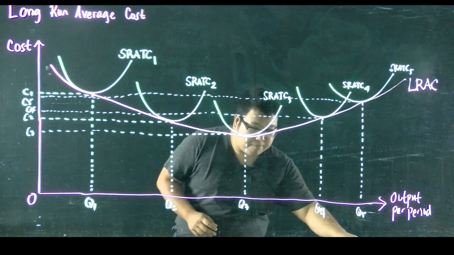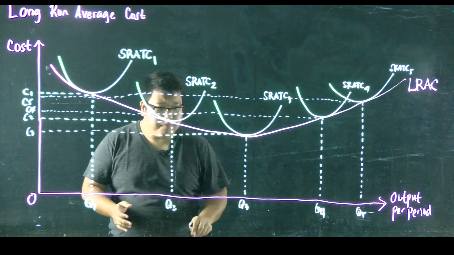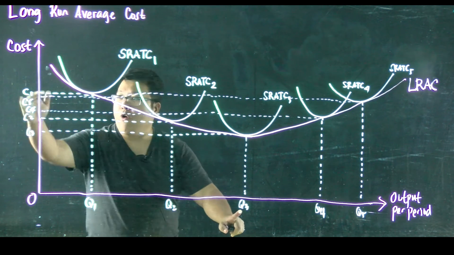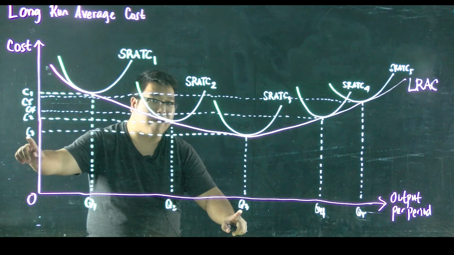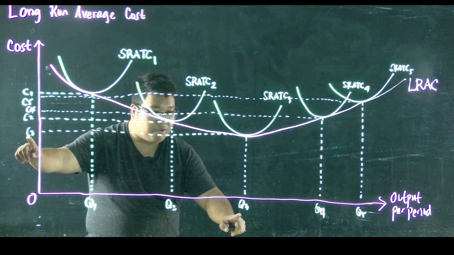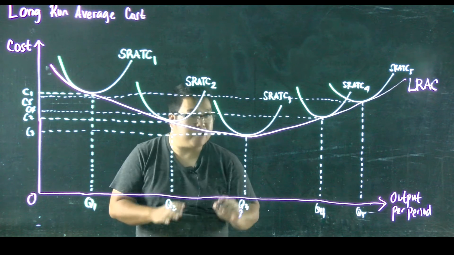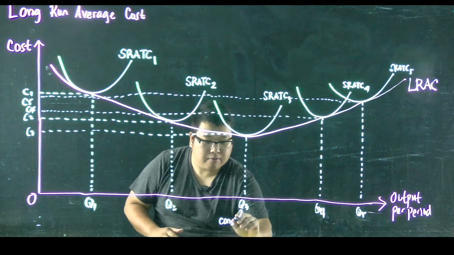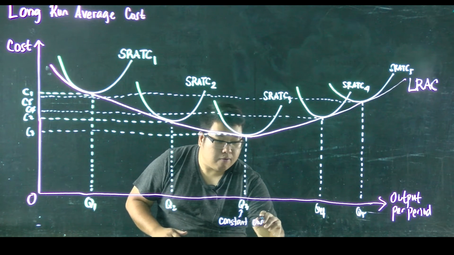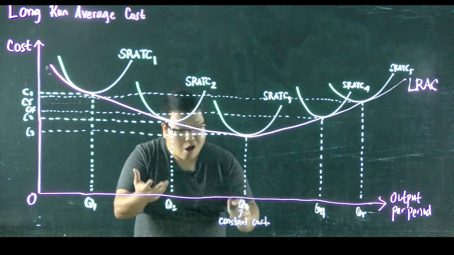Now, let me add something here, my friends. We see here that at Q3, you have the lowest possible cost, right? This Q3 is when the firm achieves what we call constant costs, or in other words, constant returns.